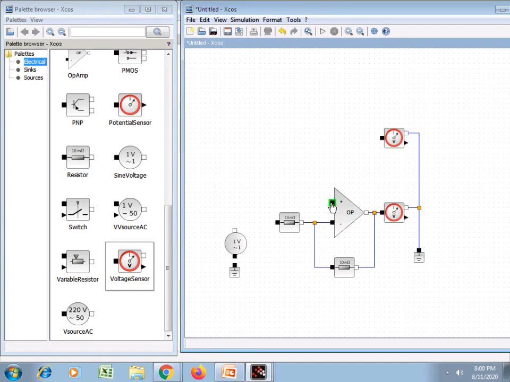Also, this non-inverting terminal is connected to the ground, so I will connect it to here. The input and this port to the sensor.